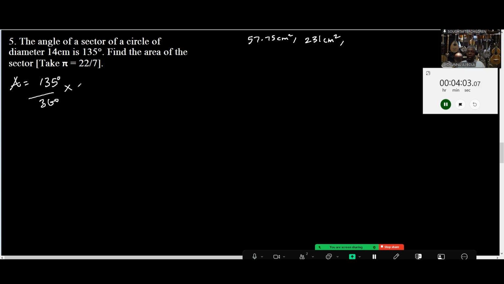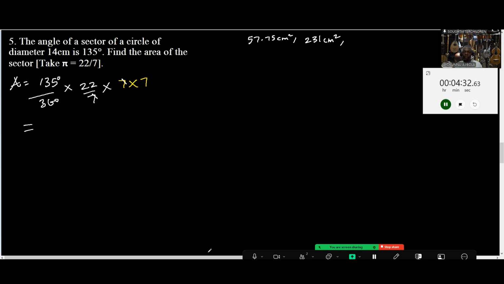So pi is 22 over 7, then times 14 times 14. Sir, diameter is 14, divided by 2. Oh, so before, I was using it as radius. So 7 times 7, right? Yes, sir. So 7 can cancel 7.